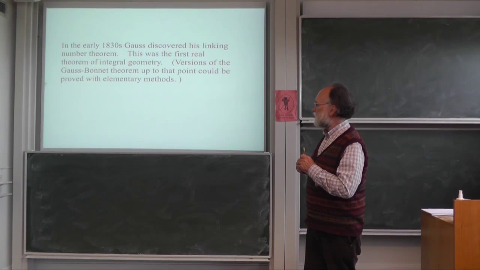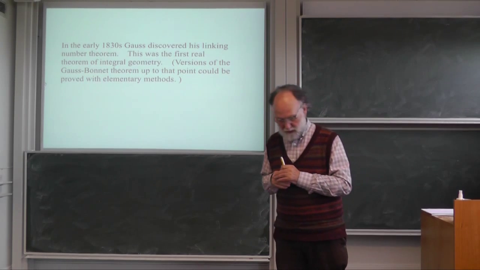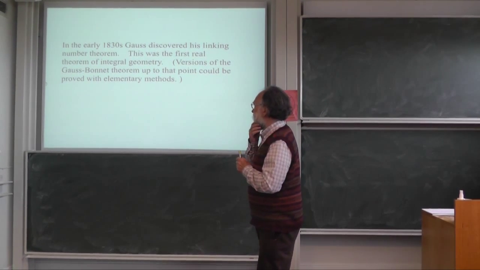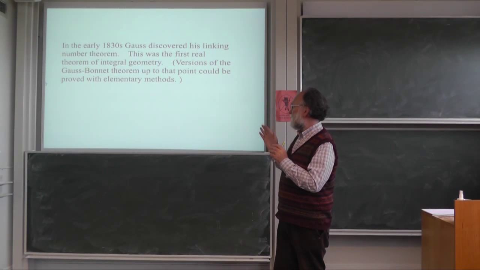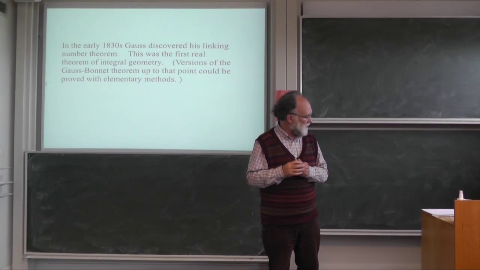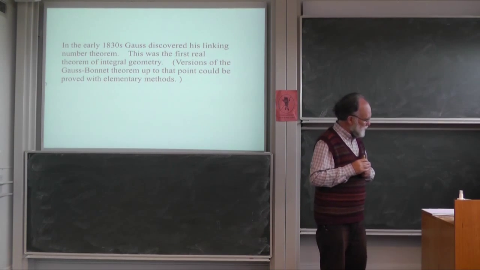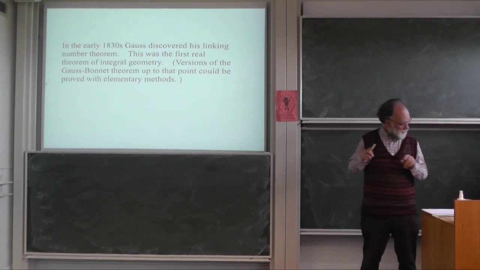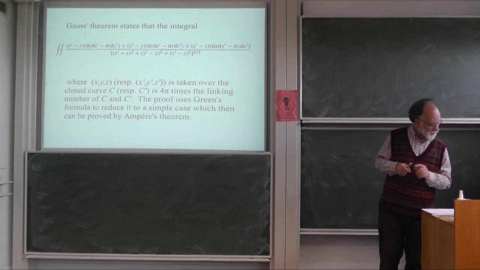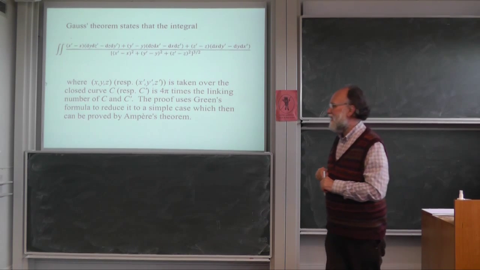In the 1820s, Gauss had worked on differential geometry, and he had given versions of the Gauss-Bonnet theorem, but I don't think that one can prove these versions without the use of Stokes' theorem. But the next one is Gauss's theorem.